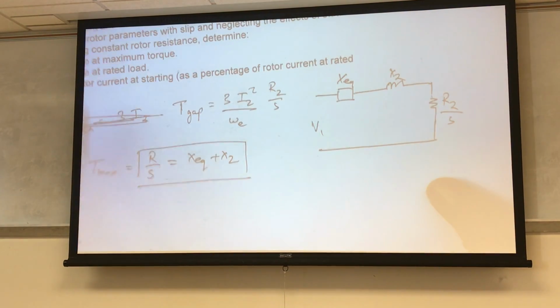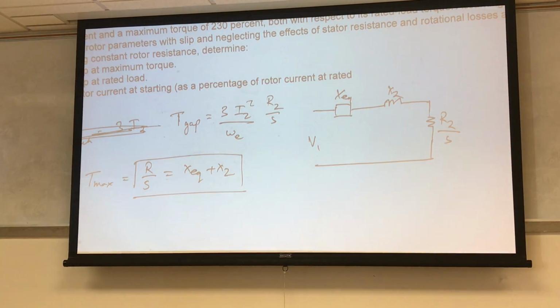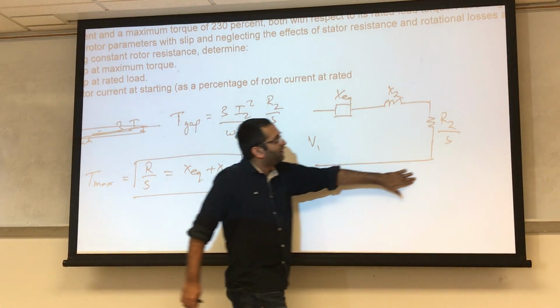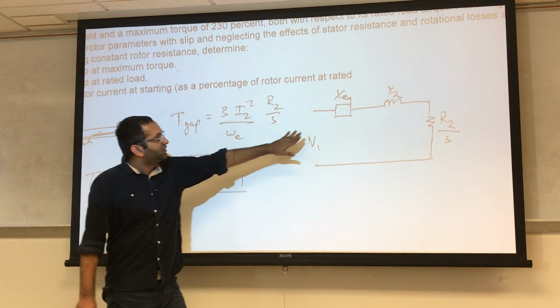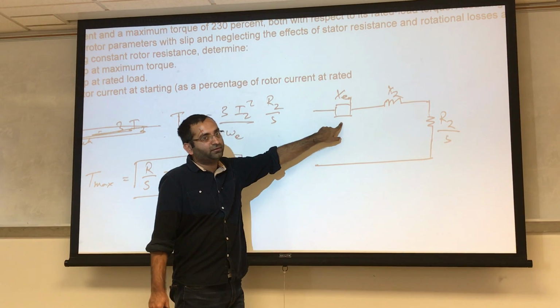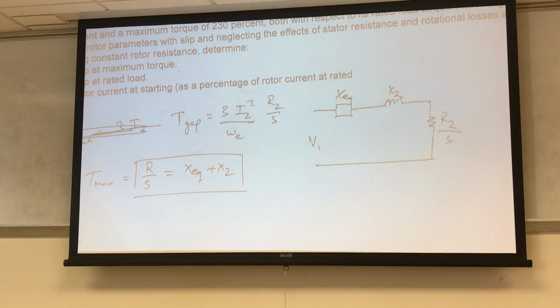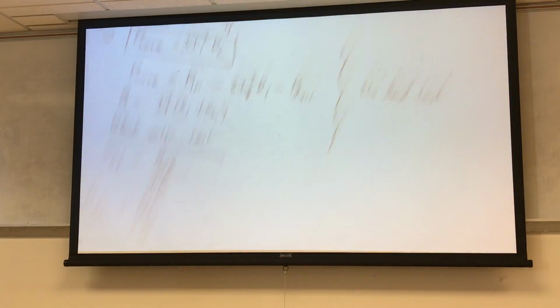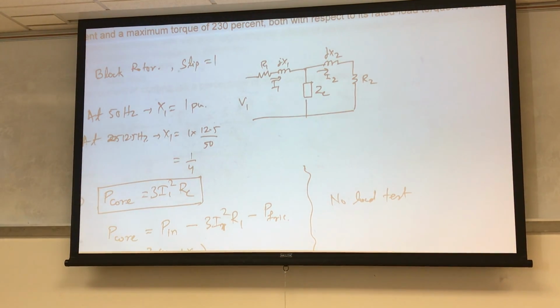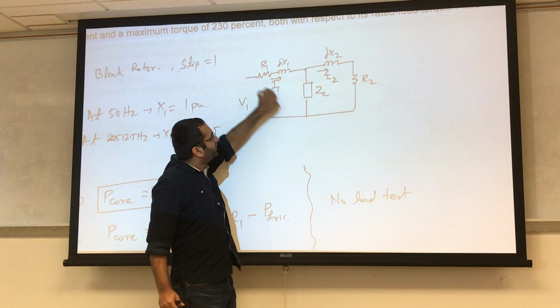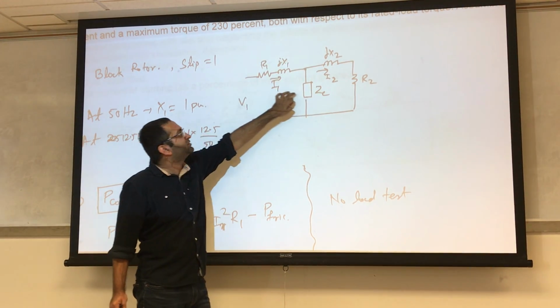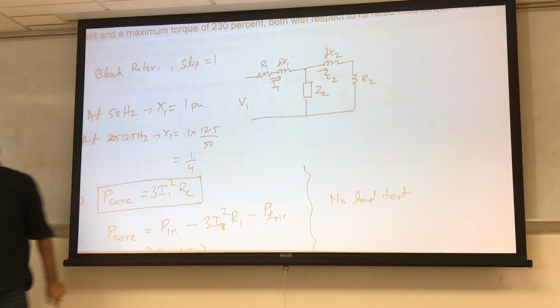And what is I2? I just made the equivalent circuit simple. I removed this and put one as X equivalent, where X equivalent is the total impedance from here to here. So I just add everything together to have X equivalent.